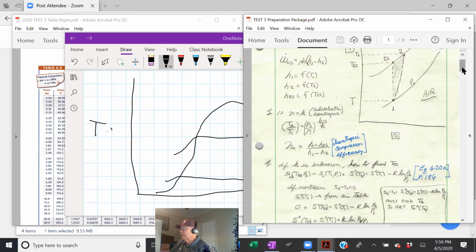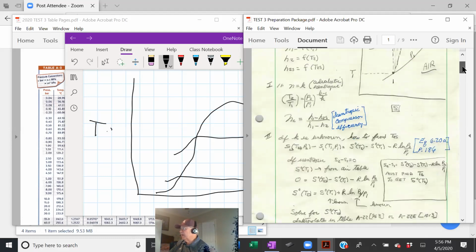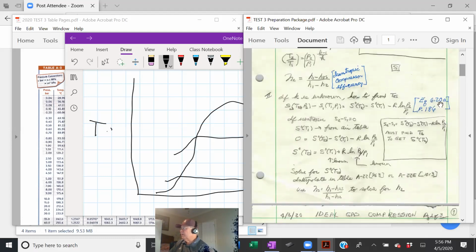All right. If you're not given K, then there's another way. If K is unknown, then you can take this equation for entropy change for an ideal gas, which is equation 620A on page 186, and introduces something new to us, the S0 function, which is the entropy change of an ideal gas due to temperature effects only.